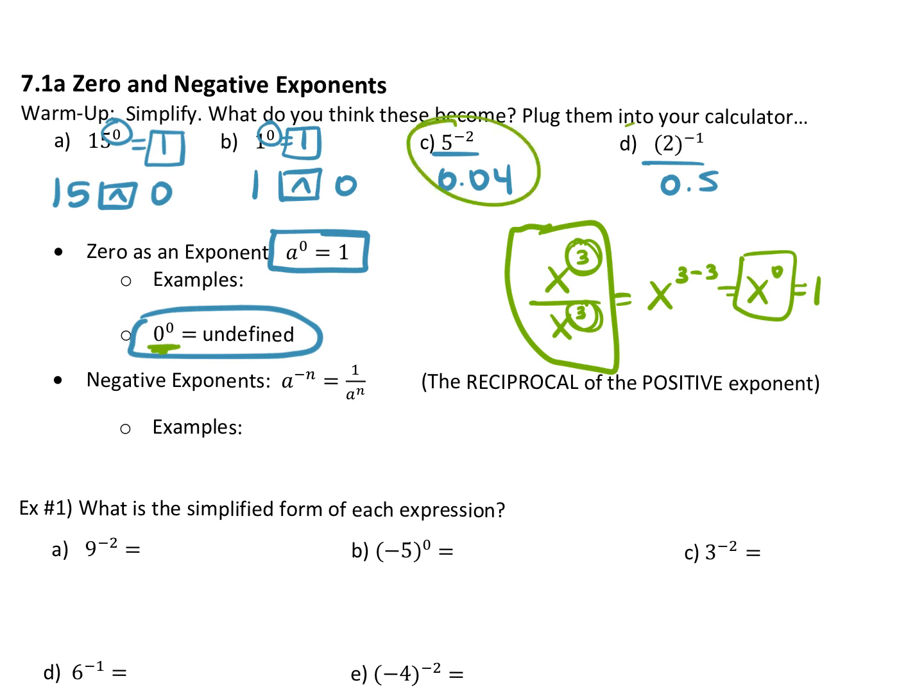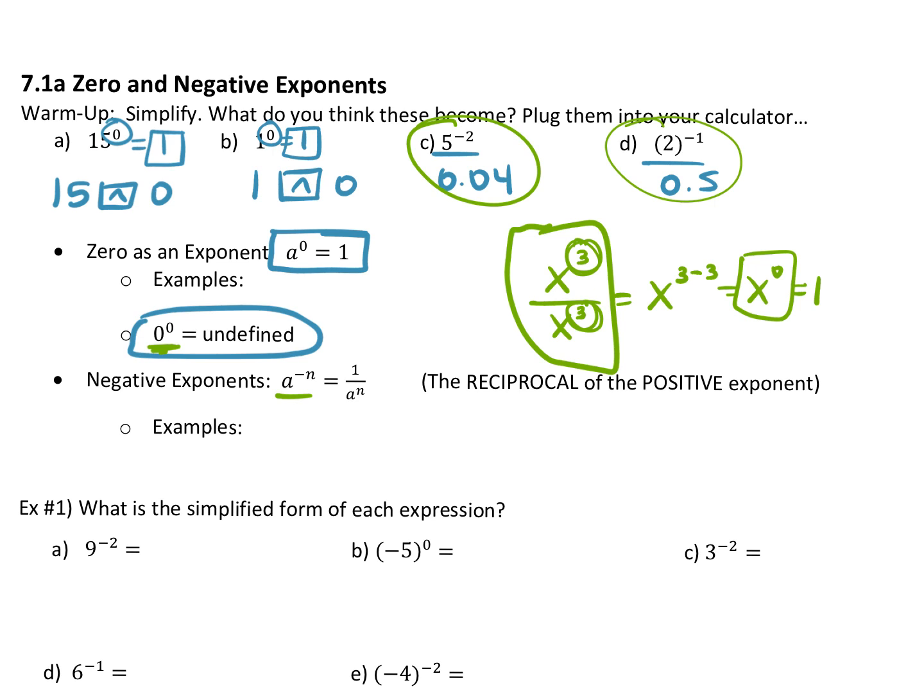Then look at these ones, those negative powers. If you take something to a negative power, we don't like negative powers. So what we do is we flip it. It was a numerator, we make it a denominator and we make it positive. 1 over a to the n power.